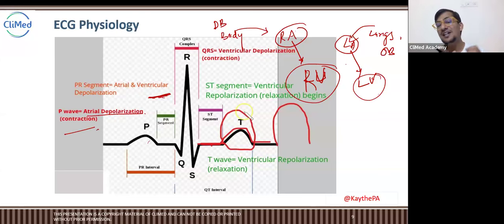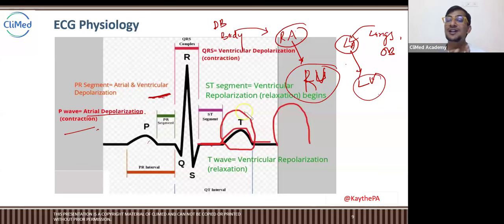And now the ventricles are getting relaxed. So the ST phase starts with the relaxation of the ventricles, RV and LV both. And once this comes to the last phase, the T wave in ECG, that is complete repolarization of the ventricles.